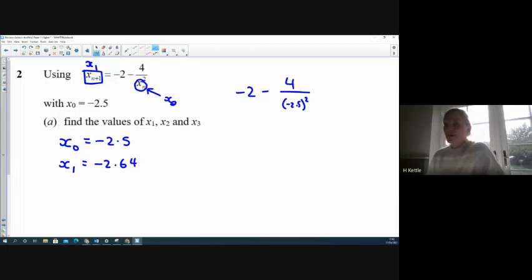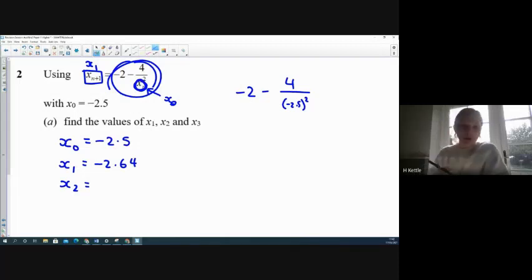Great. Now, if I want x2, I'm going to do exactly the same thing again, but I'm going to put x1 in this position. So to get to the next one, I'm always using the one before. I'm going to go back in my calculator, use the left arrow, and put answer in that bracket.